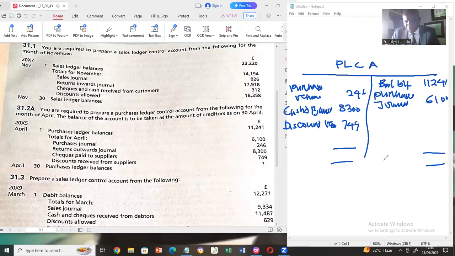This will be 17,341. You check it that side. The balance will be this side. The balance is 8046, which will bring on the other side.